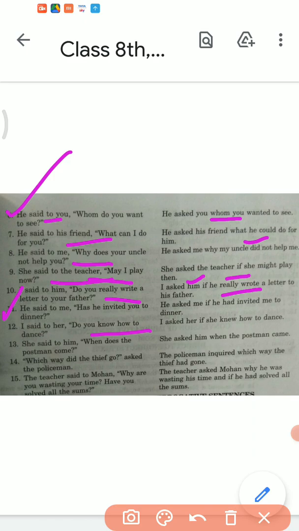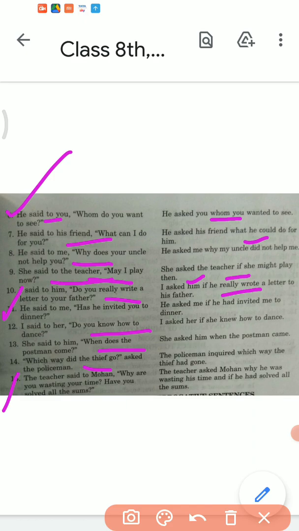So in the 13th sentence, you see, she said to him, when does the postman come? She asked him when the postman came, or when the postman did come. And 14th, which way did the thief go? Asked the policeman. Here the policeman inquired which way the thief had gone.